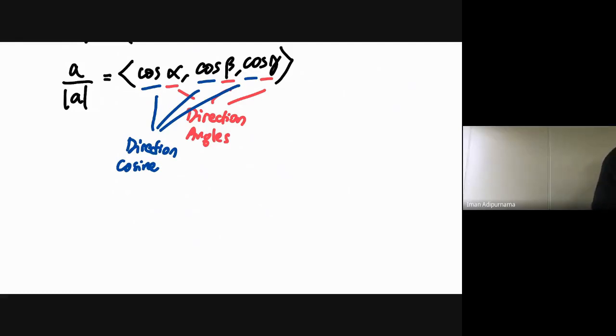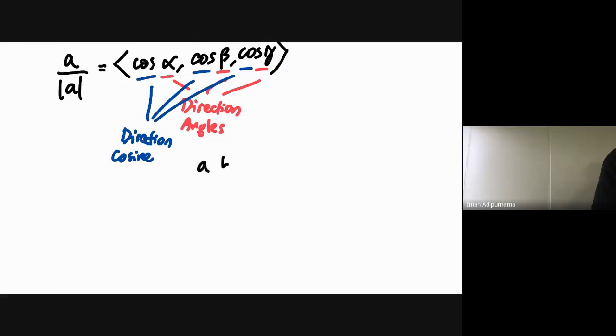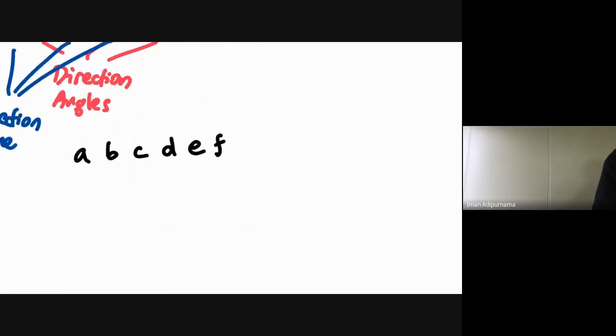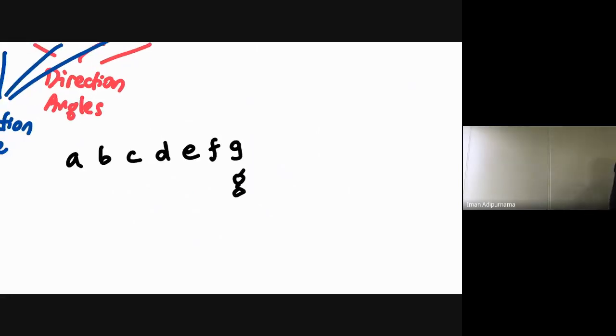Okay? If I take A, B, C, D, E, F, how do you write G? Is it this or this? The first one, right? Because this is much easier.